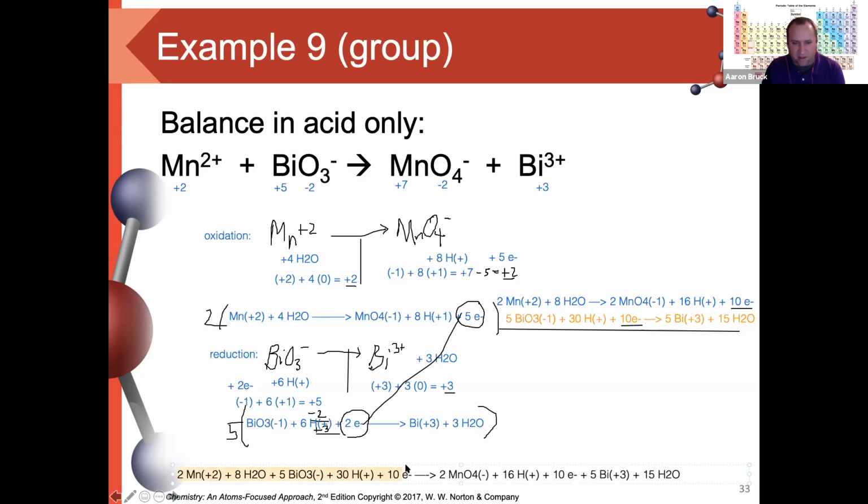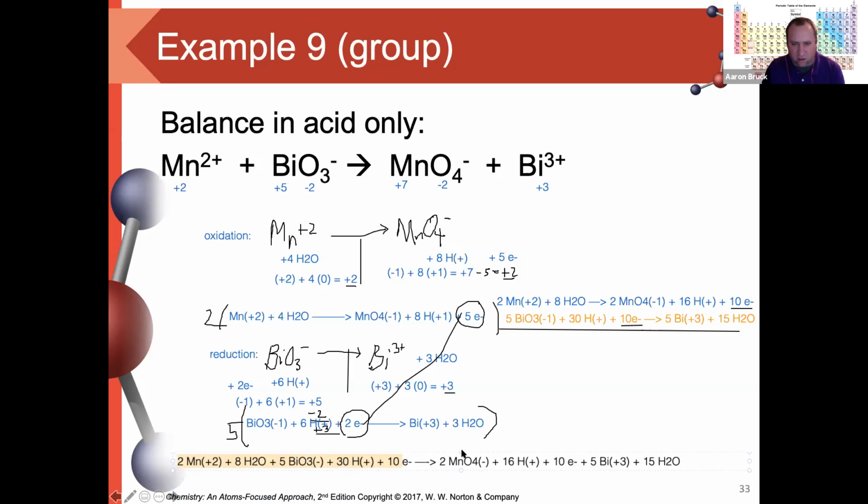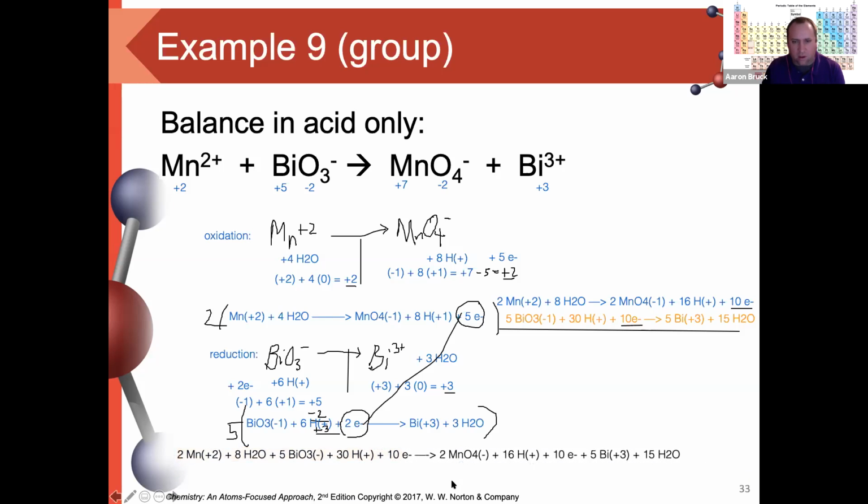This is the balanced equation that we would run into.